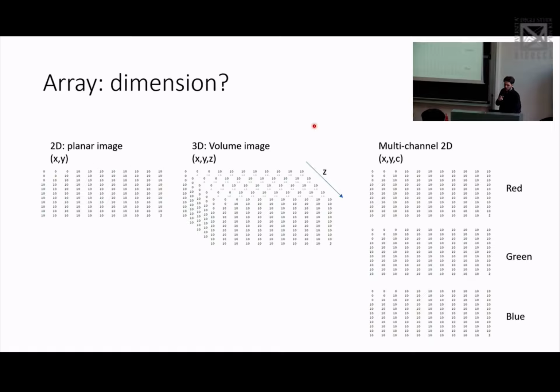But also in 2D, you can have multi-channel values. This is the standard picture that you take with your smartphone camera. You have X, Y position, and C is the color. So you have 3 channels, in this case, red, green, and blue. And you have an intensity value for every channel.